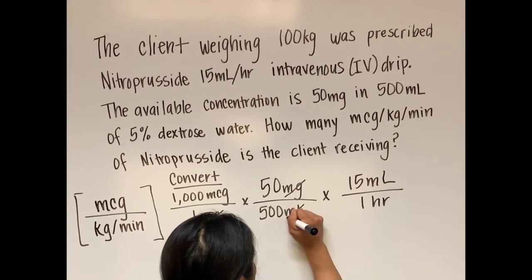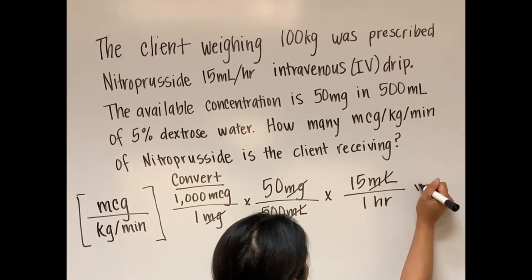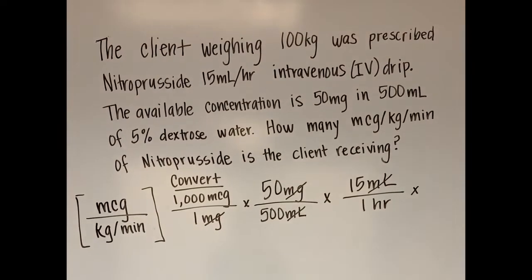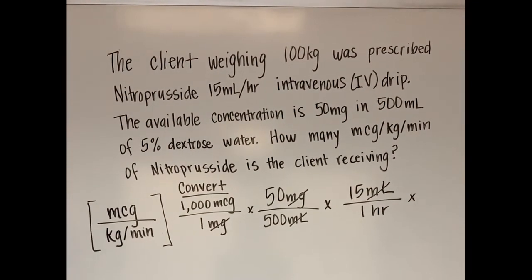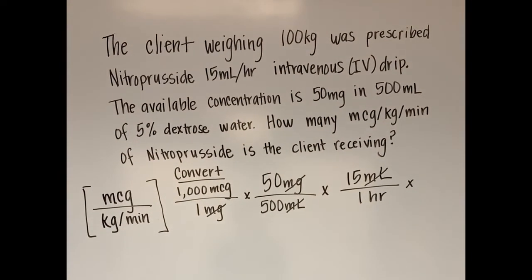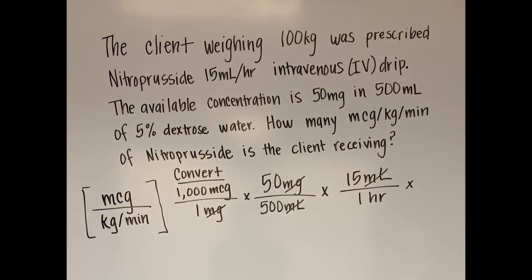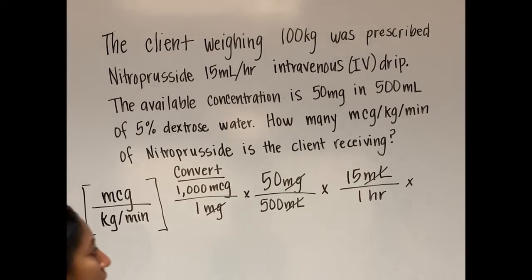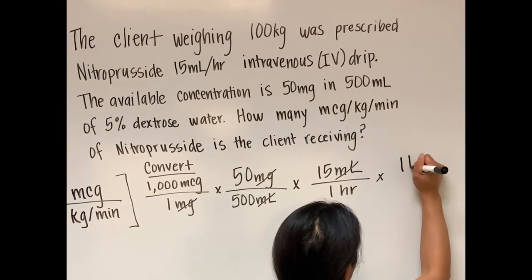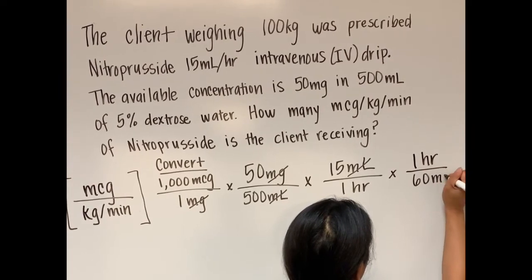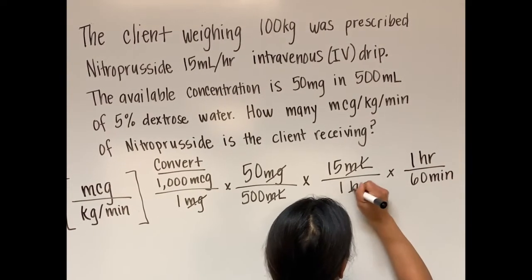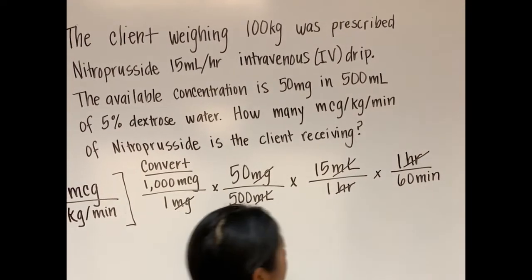So we can cross cancel the milliliters here. But again, we have hour here and we have kilograms per minute. We need to get rid of the hour. We know that in 1 hour, there is 60 minutes. So 1 hour is equivalent to 60 minutes. Then we can cross cancel these two.